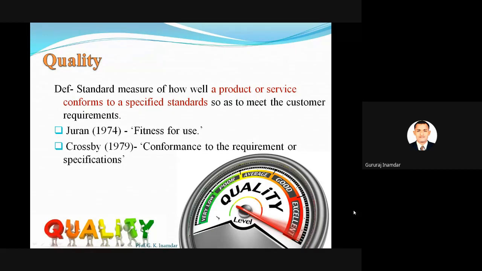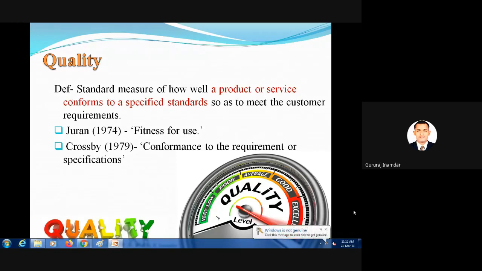For that purpose they set the target: which contribution, which chemicals are required. Some standard they have decided, and according to that standard they will start the journey, and definitely reach that target, that standard. This is nothing but quality.